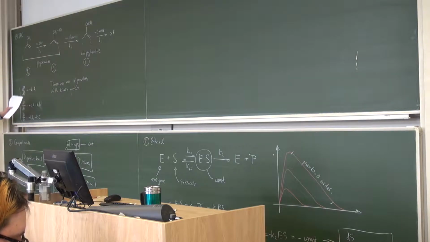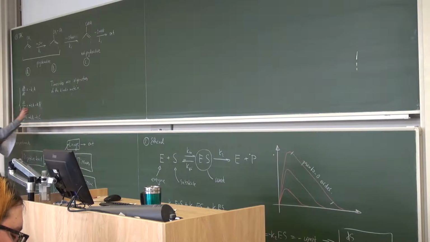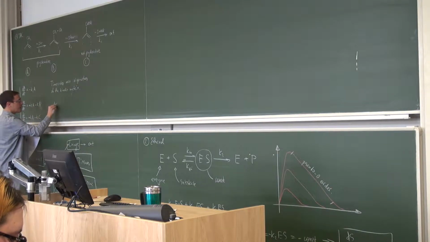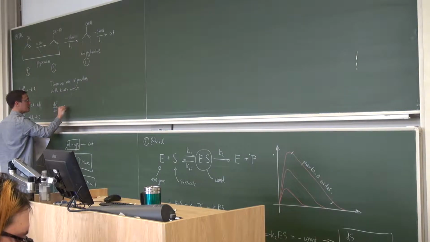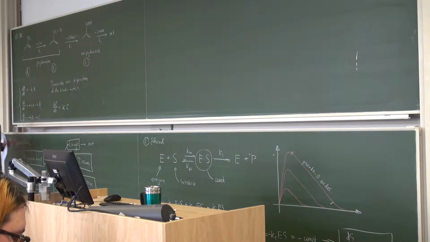If we rewrite this in the matrix vector form, which we will do in a moment, what will then happen is we will have d vector of concentrations by dt is the kinetic matrix times the vector of concentrations.